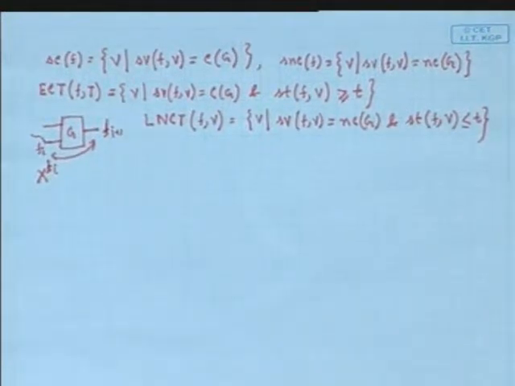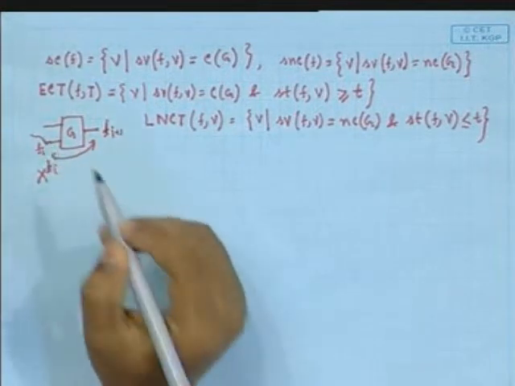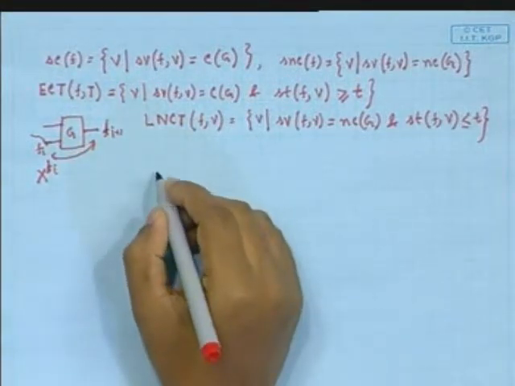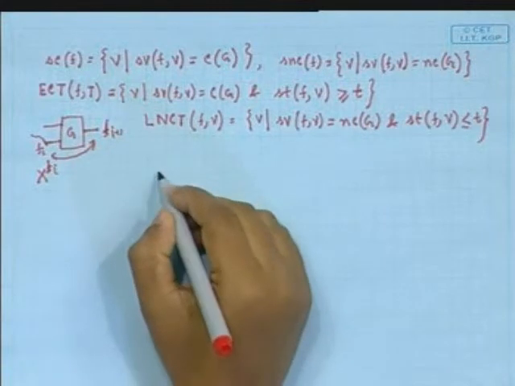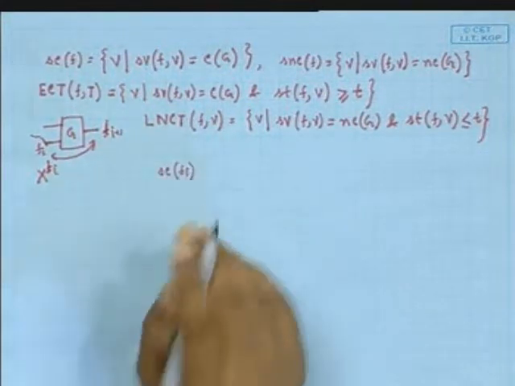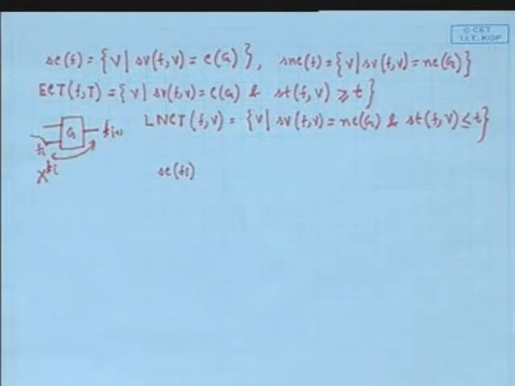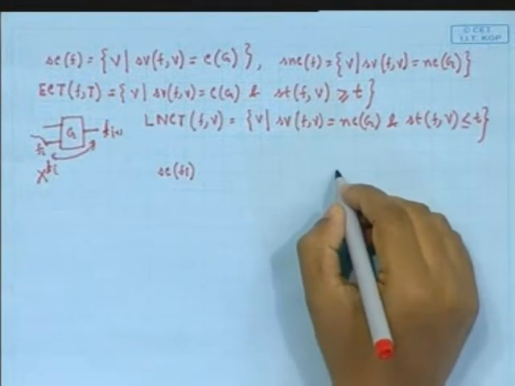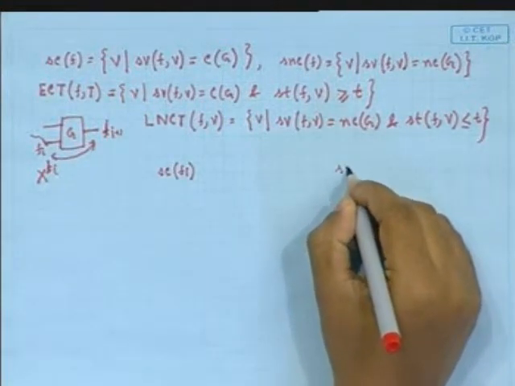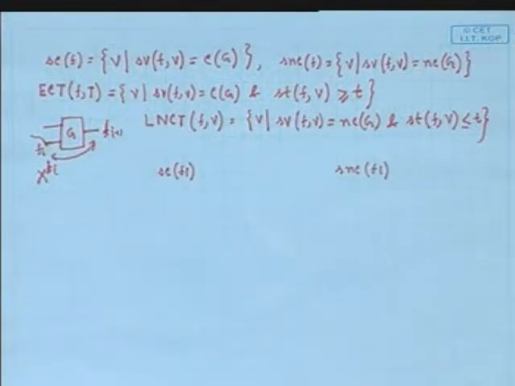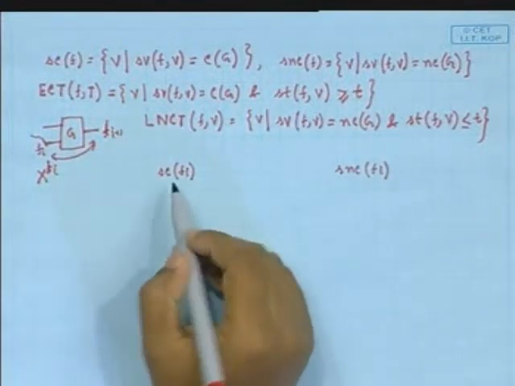So there are two cases. The first is if I can stabilize to a controlling value, and the second is if I can stabilize to a non-controlling value. Suppose I stabilize to non-controlling value. Fine.